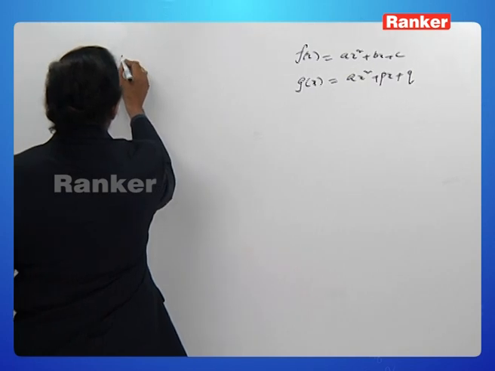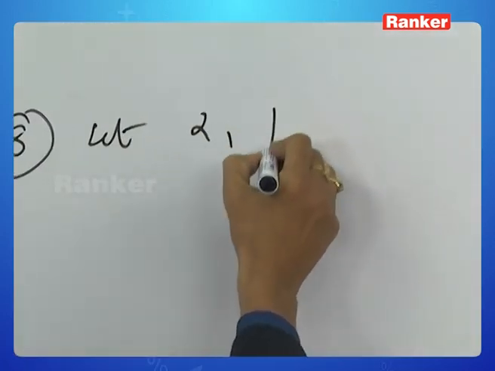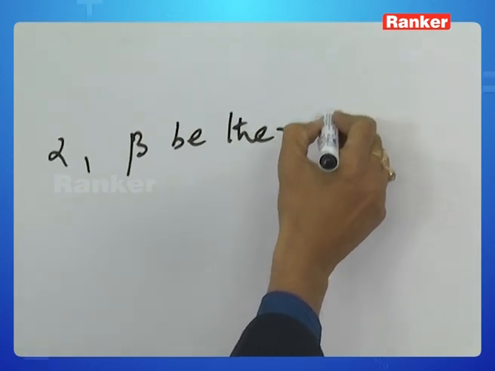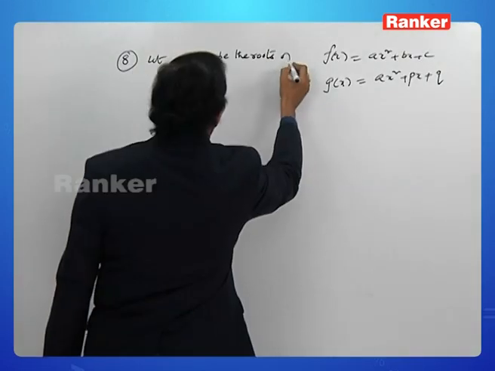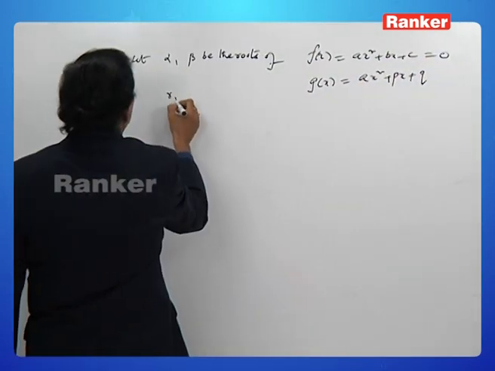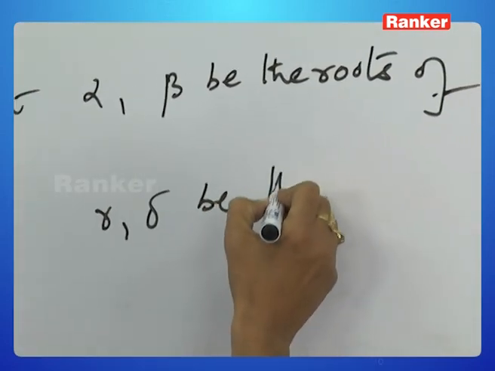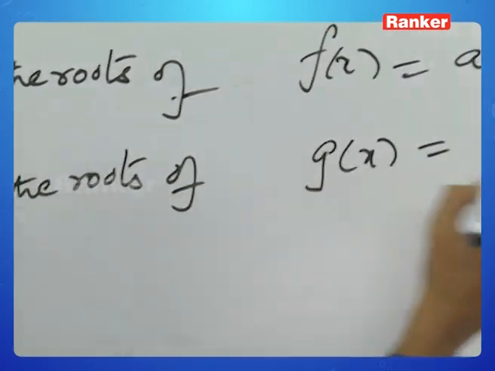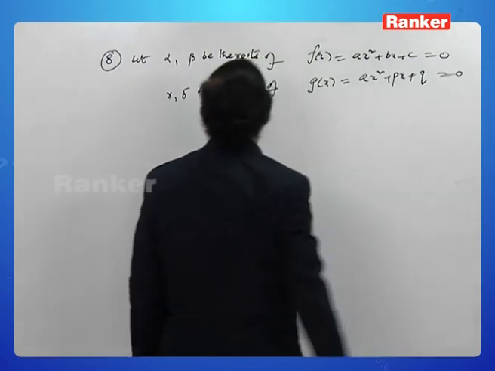Let alpha, beta be the roots of f of x equal to 0 and gamma, delta be the roots of g of x is equal to 0.